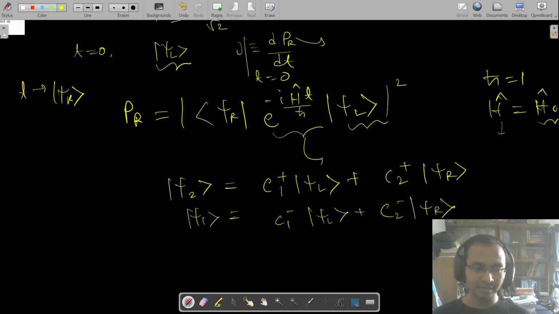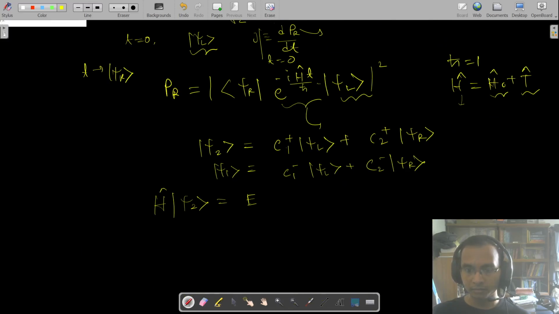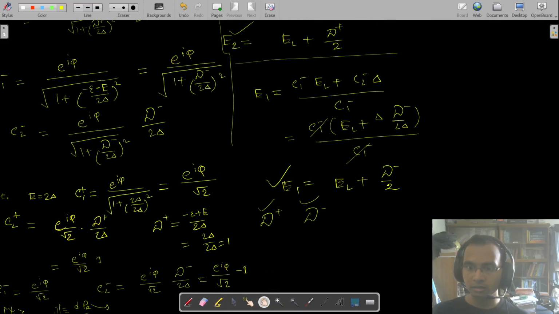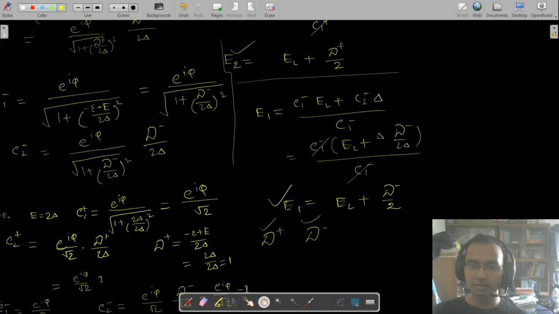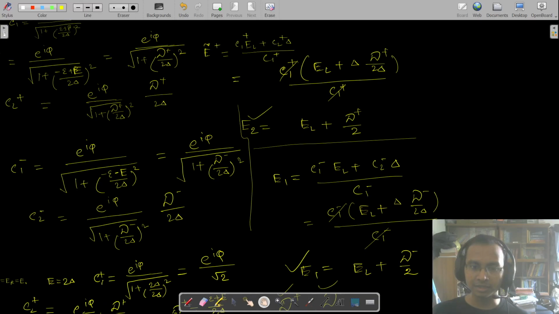If this is the case, then the Hamiltonian working on psi 2 should give us, let me see what's the energy associated with the plus sign. That is E2, right? So for the plus sign, we have energy E to the plus, which is E2.